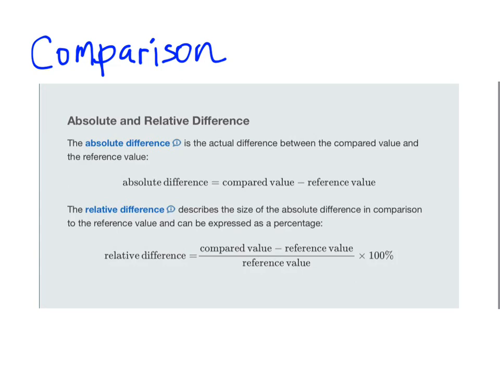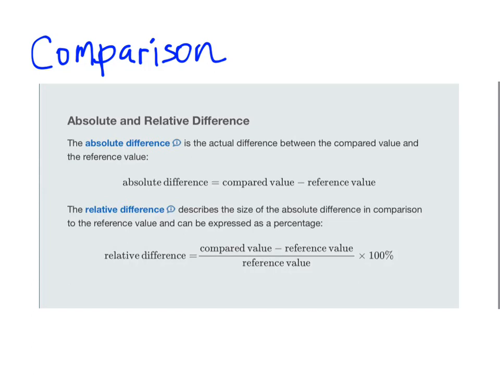So what we need to do then is just choose one of the values to be the thing that we're comparing, and the other to be the thing that we're comparing to. We're going to call the compared value the thing that we're comparing, and then the reference value is what it's in terms of, or what we're comparing to.